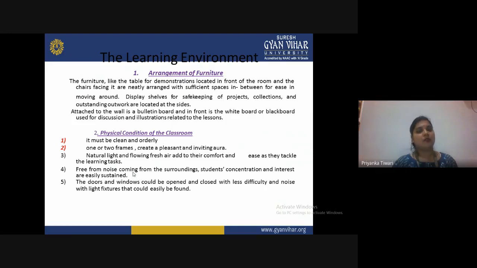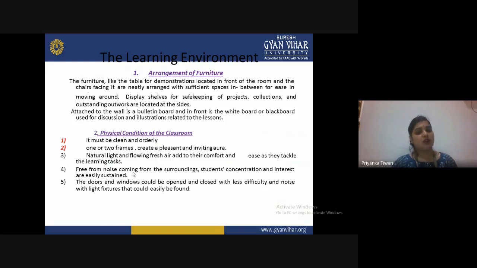For the arrangement of furniture, the table for demonstrations is located in front of the room, and the chairs facing it are neatly arranged with sufficient space in between for ease in moving around. Display shelves for the safekeeping of projects, collections, and outstanding work are located at the sides.